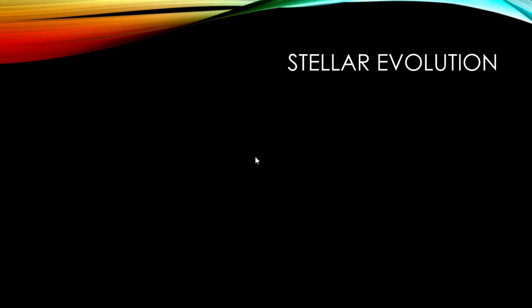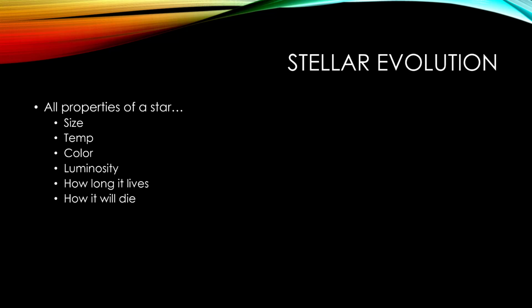They all burn hydrogen in their cores at the beginning, but everything about them, their size, temperature, color, luminosity, how long they live, how they will die, really boils down to how much mass they started off with. Because again, they're all pretty much hydrogen and helium, and they all go through nuclear fusion. The question is, how long will they do that? How hot are they burning? And it really just boils down to the mass.